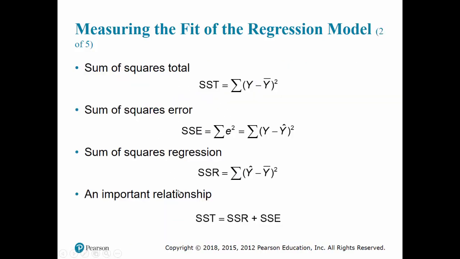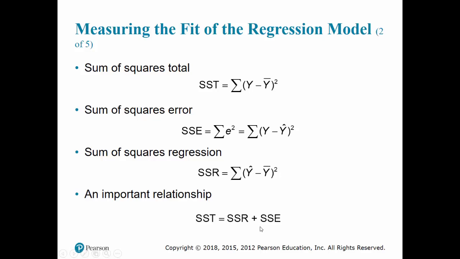So SST, the total sum of squares, is the sum of y minus y bar squared. Then the sum of the squared errors is SSE. And the regression part, squared and summed, is SSR. SST is always equal to SSR plus SSE.